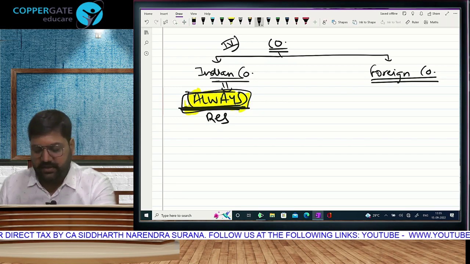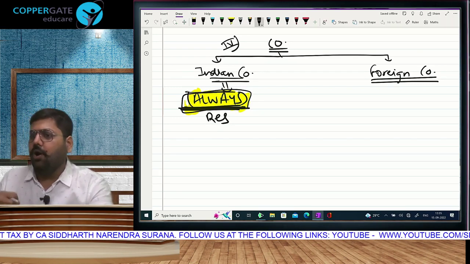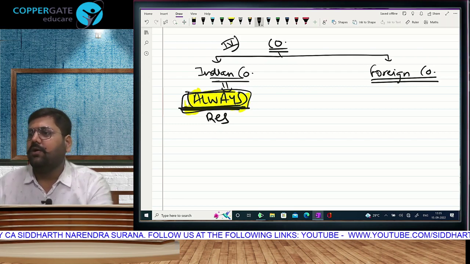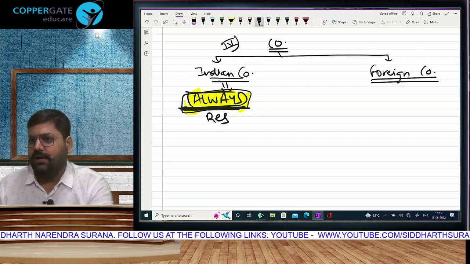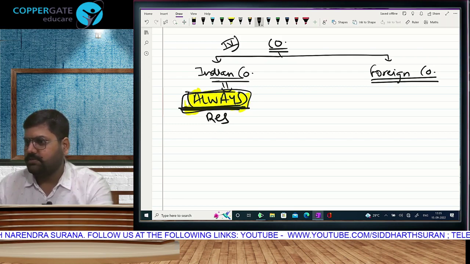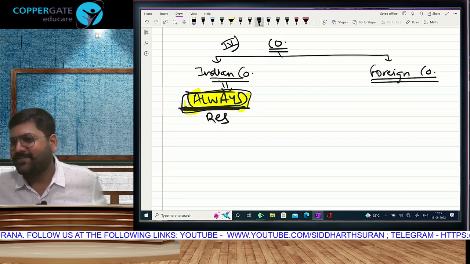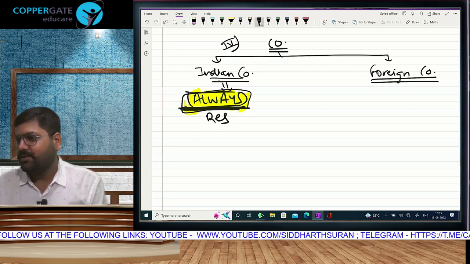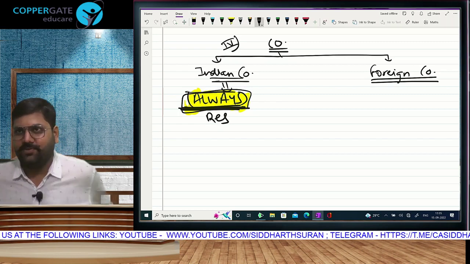Once you incorporate a company in India, it is an Indian company, and every Indian company is by default a resident. So whether it is Tata Steel or Reliance Industries Limited or Adani Wilmar or Adani Power, I am the owner of all these companies. How else does one become owner? I am the owner. No, I am not the owner of Adani Wilmar. 2 days ago I sold it.